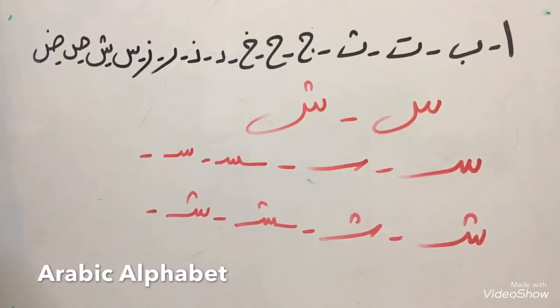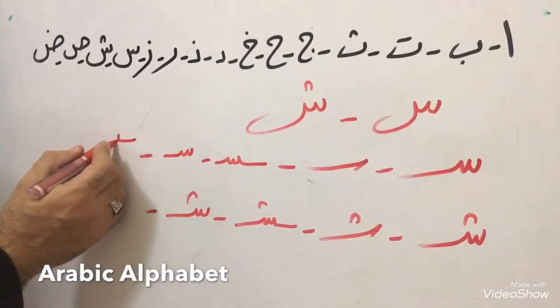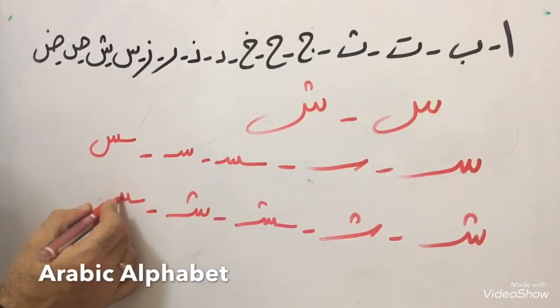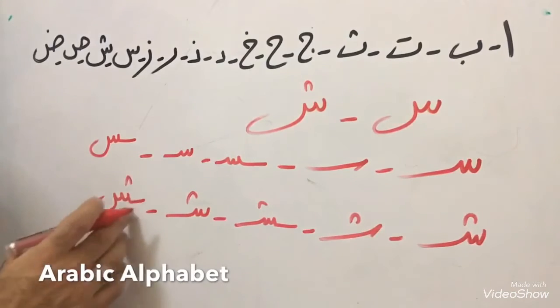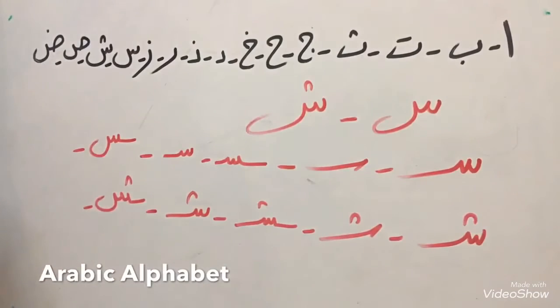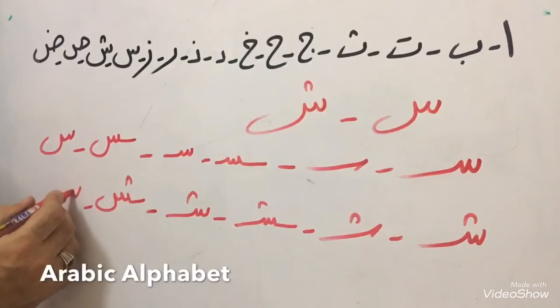And at the end of the word, if the letter before can be joined, they are like this. So there is a hand here. If the letter is separated from the letter before, we can write them like this.